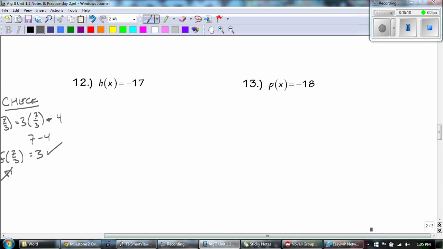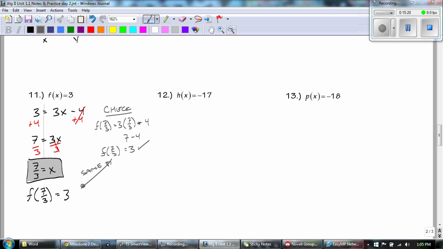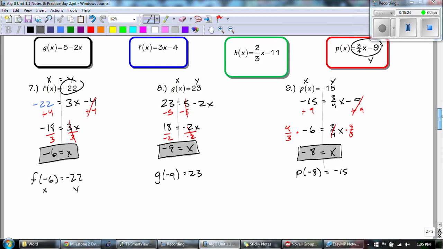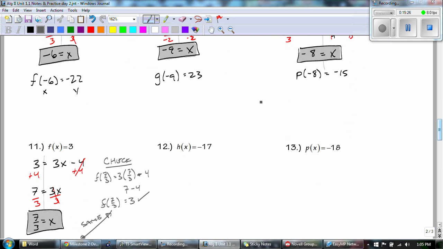All right, number 12. Where's the h one? There it is, 2/3 x minus 11. So that equals 2/3 x minus 11. Go ahead and do that one.